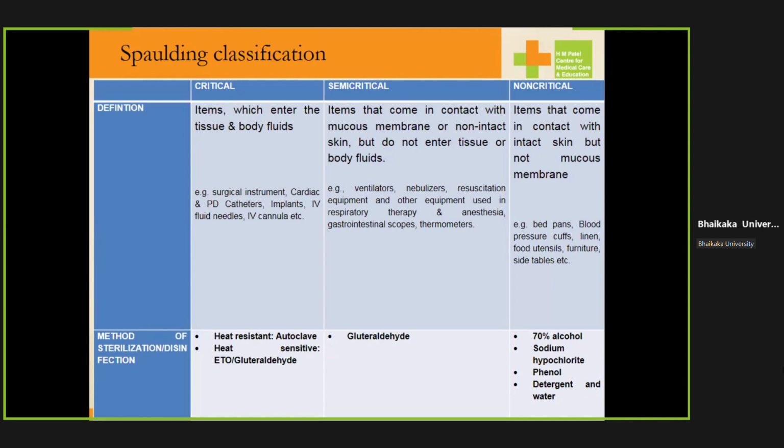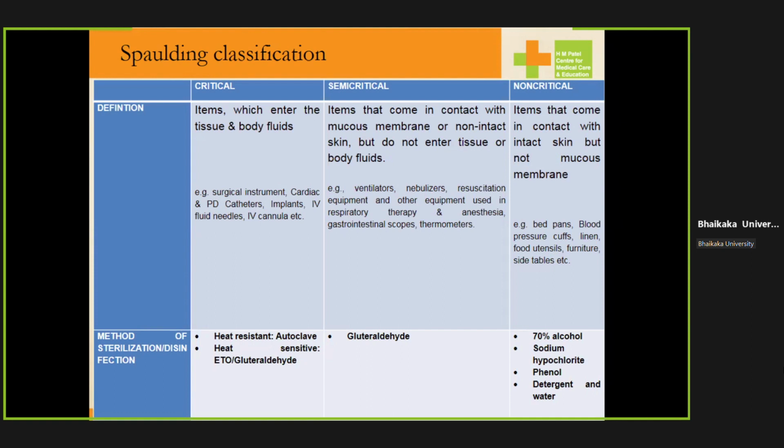We saw what are different levels of disinfection. We saw how should we select a disinfectant depending upon our use. And then finally, we saw what is Spalding classification, how can we classify various items that we use in healthcare, and how this classification helps us to select the method of sterilization and disinfection.